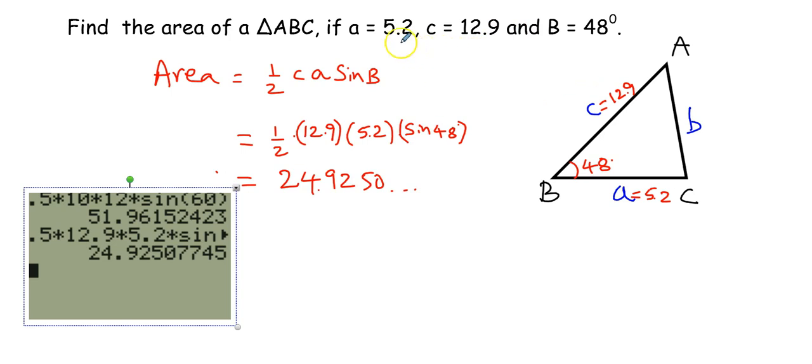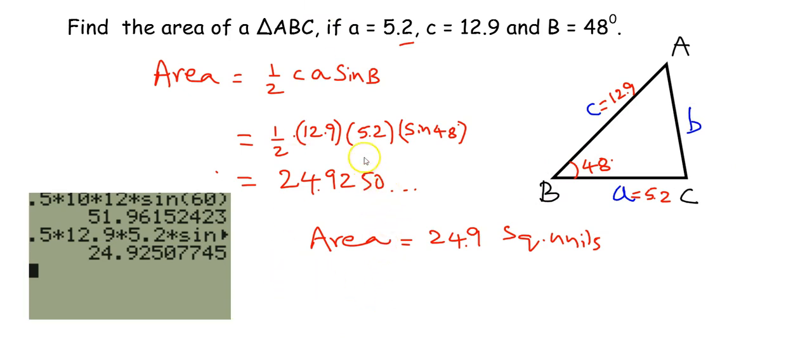But here the units are given to us like it is rounded to one decimal. So my answer also, I'll do area is equal to 24.9 square units. That's all. That is the area of this triangle ABC.